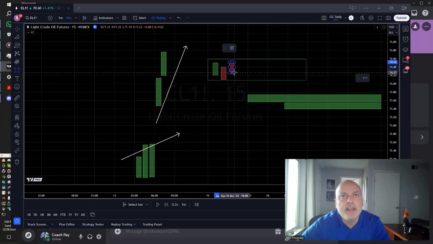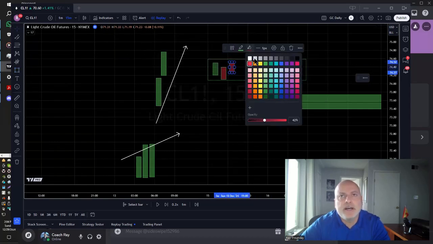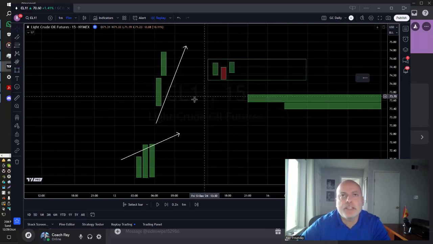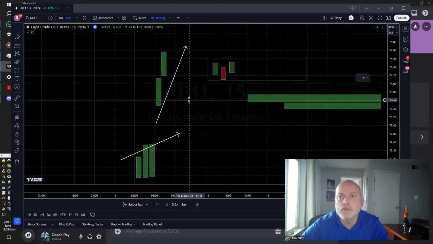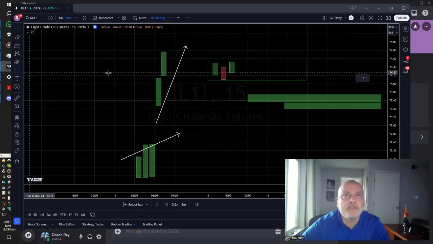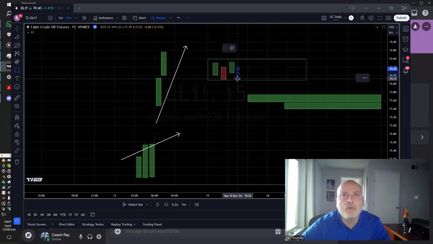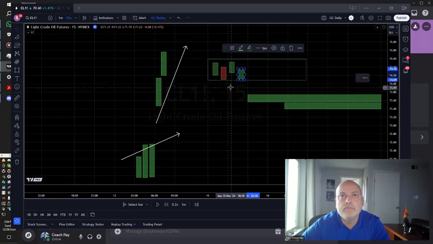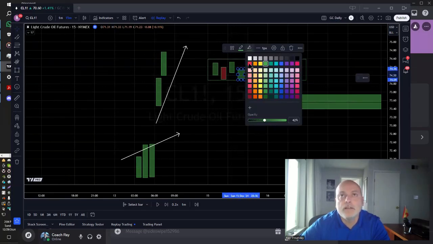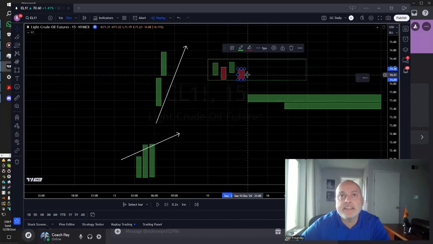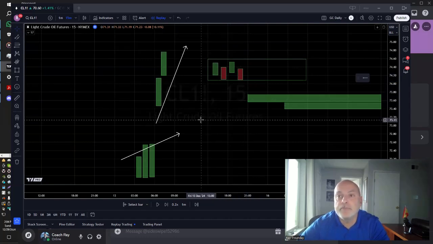Now, from a volume perspective, would you expect volume to increase while price is hovering in this range, or would you expect volume to be light? Well, the fact that we are inside this range implies that there's a fair number of participants on both sides, both buyers and sellers.